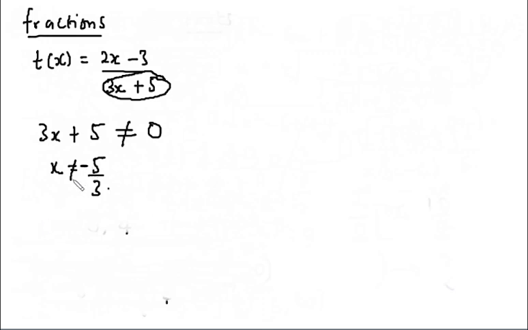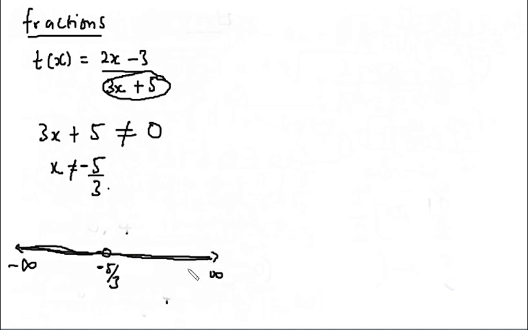So the point of interest on my number line is minus 5 over 3. This is my number line, and then I have an open point at minus 5 over 3. To the left of it is negative infinity, to the right of it is positive infinity. So the domain of my function is everything from here to here, except minus 5 over 3, and then everything from here to here, except minus 5 over 3.